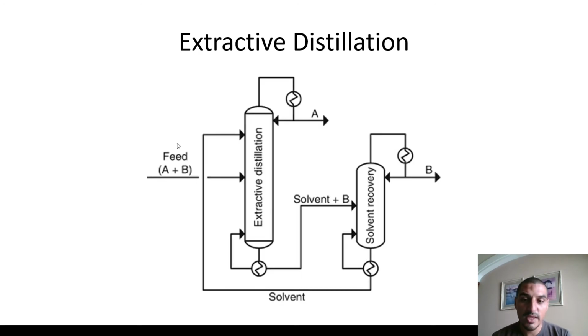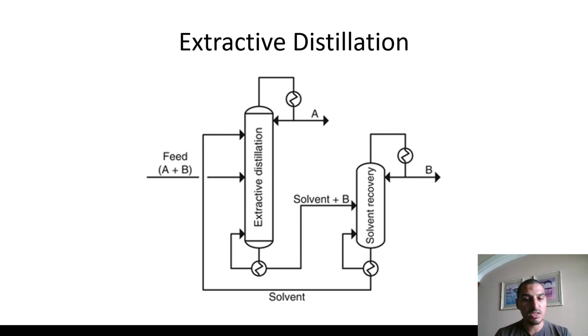But in this case, we add a component that is not volatile, so it has a high boiling point, and it has high affinity to water. So it's going to absorb or extract the water from the ethanol-water mixture.